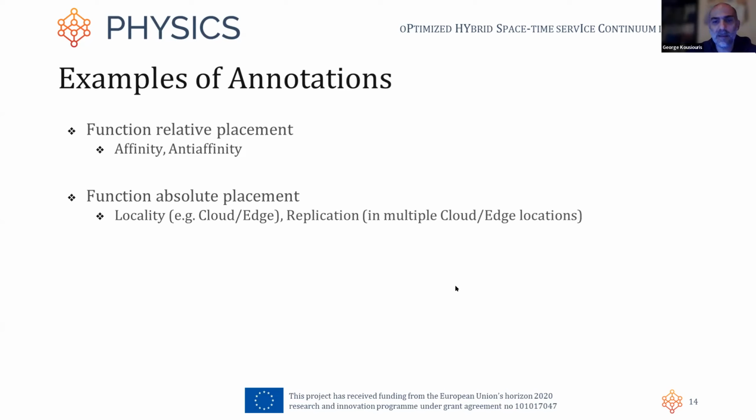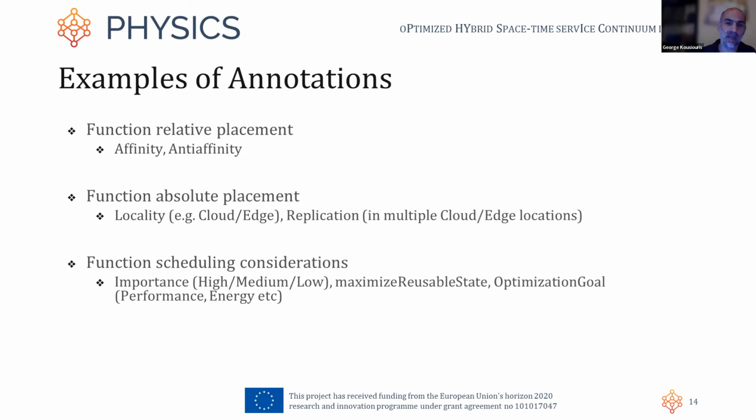If you want to replicate that function in different locations, because you might have these different clusters, and you want both cloud and edge execution, function registration to both these environments.